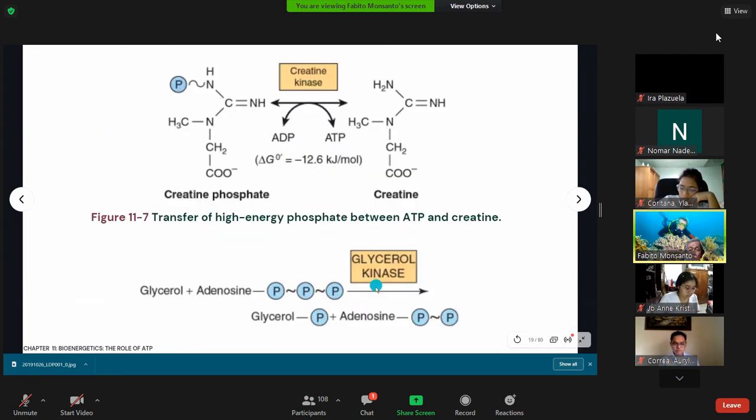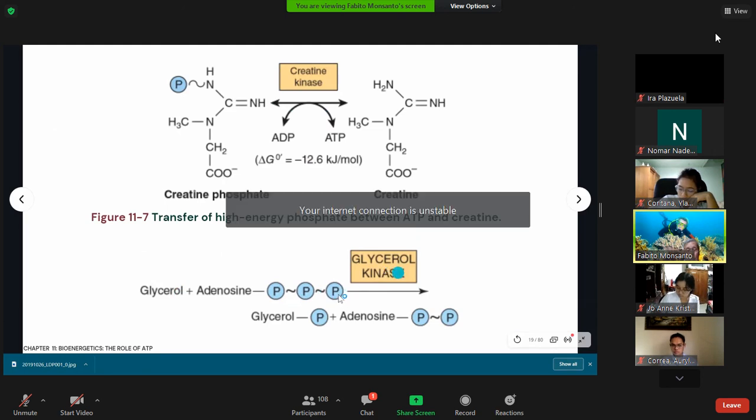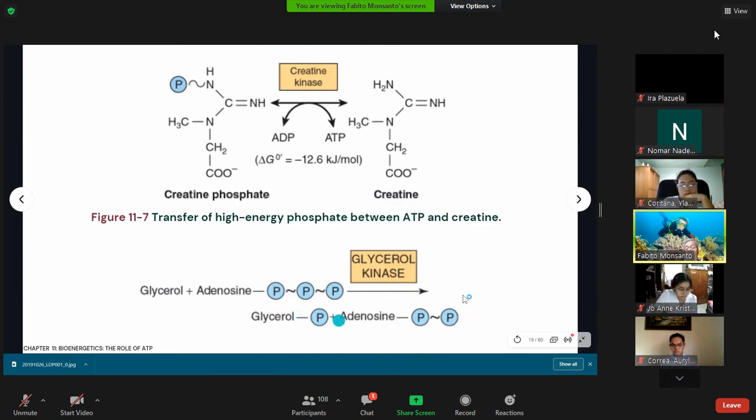Phosphorylation reaction, meaning a phosphate is added. So here is glycerol and ATP. Through a kinase, glycerol kinase, you have now glycerol 3-phosphate plus the remnant of ATP, adenosine diphosphate.